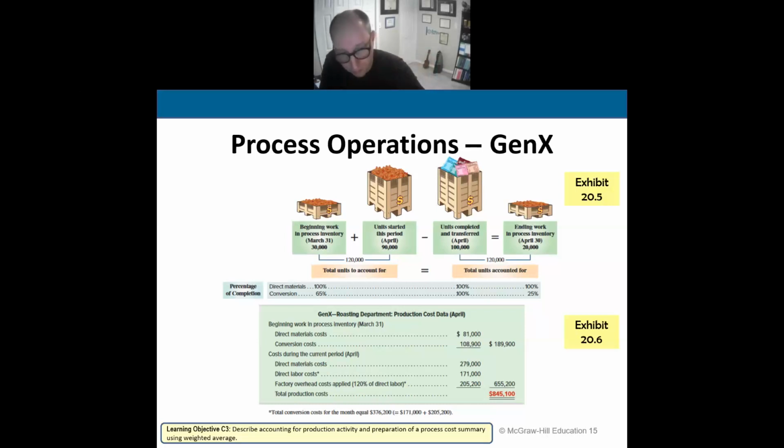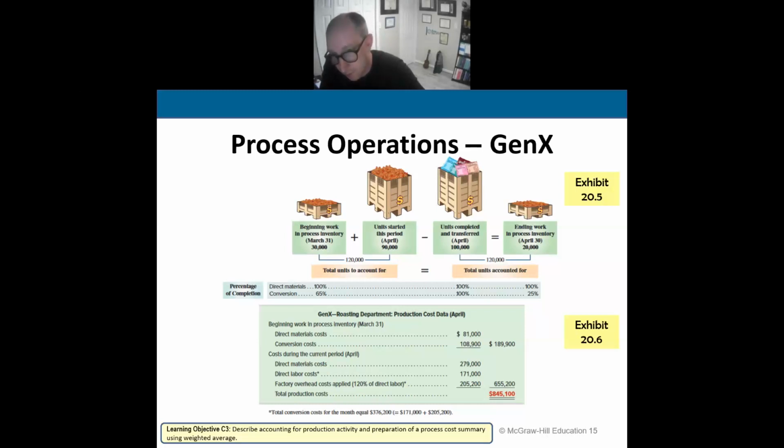Then during the month of April, I have direct materials costs of 279,000. I have direct labor costs of 171,000. And then I have my factory overhead cost of 205,200. How I got 205,200?